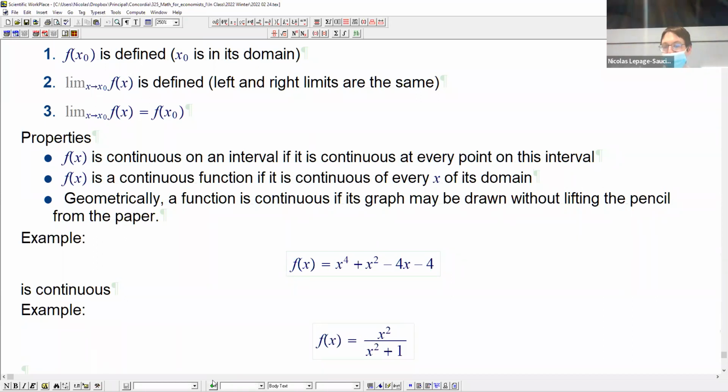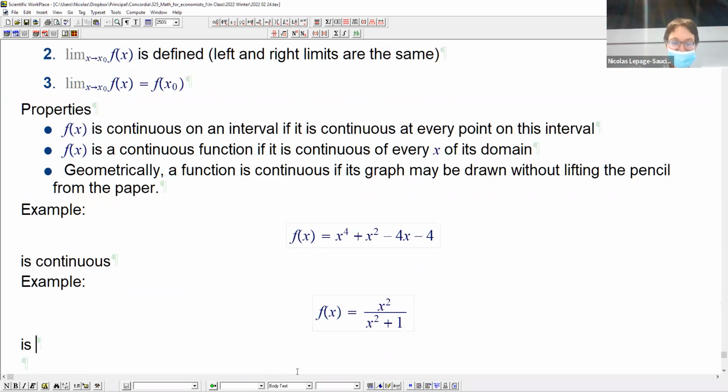Here you might be on the lookout for something weird. But no, that one is continuous. I thought that was my counterexample, but it's perfectly fine.